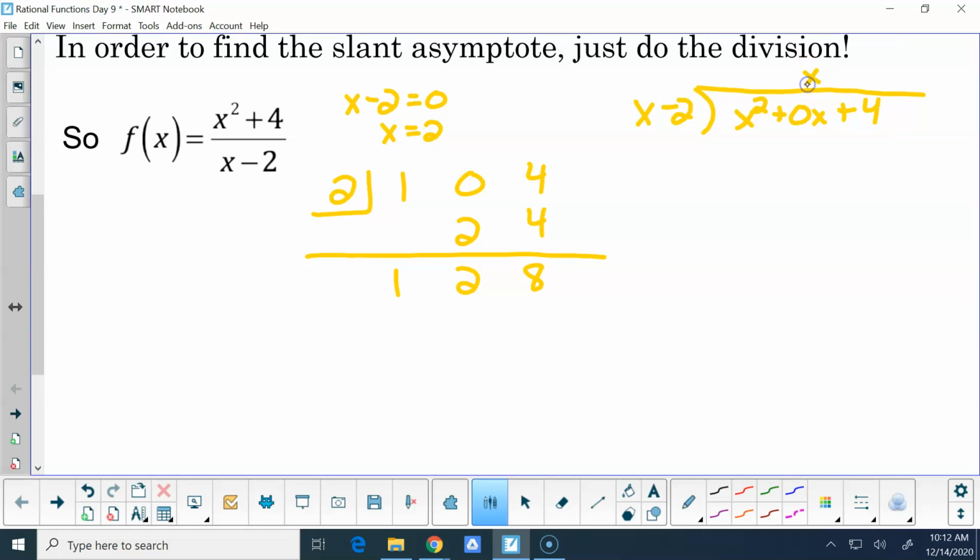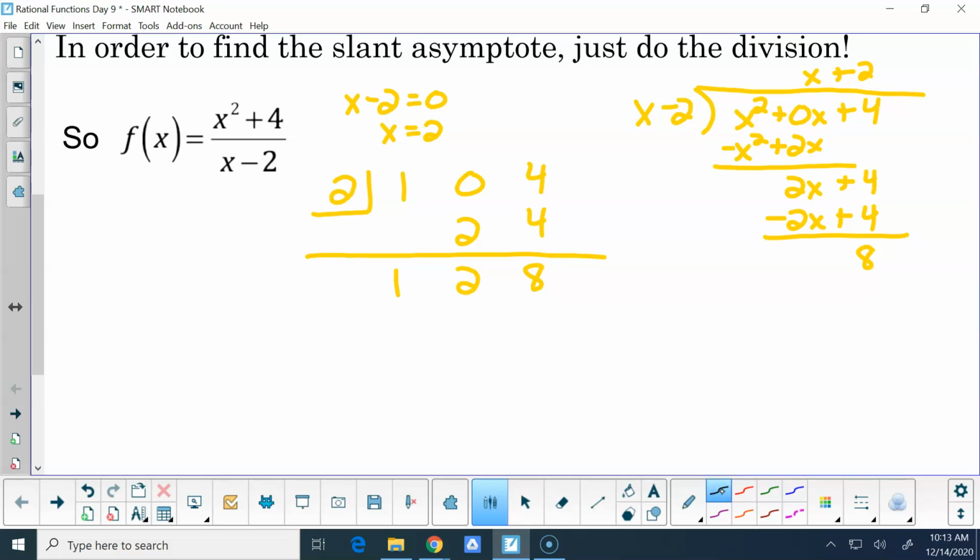Okay. If we wanted to do it the long division way, this would be x, and then we'd have x squared minus 2x, and we change our signs, and we have 2x, and we drop the 4, and then we'd have plus 2, and we'd have 2x minus 4, and we'd change the signs, and we'd have 8, and it would all be great. Okay?